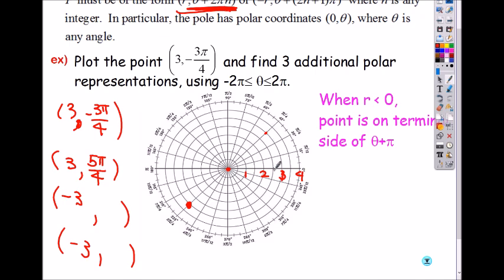So what's the angle of this here? It is 45, which is pi over 4. Or can you also make it a negative radius? Negative what? 7 pi over 4. So you have 4 different ways to write the exact same point right here.